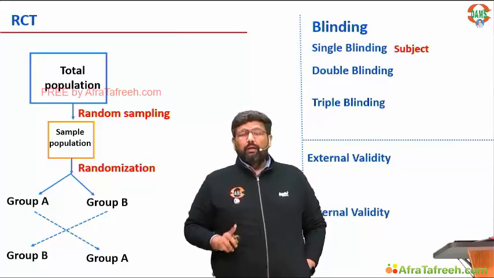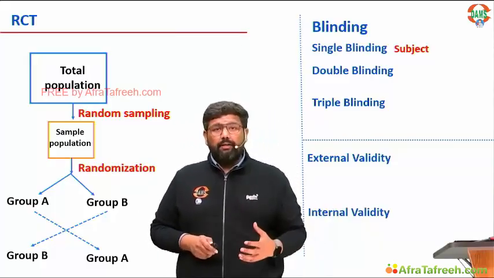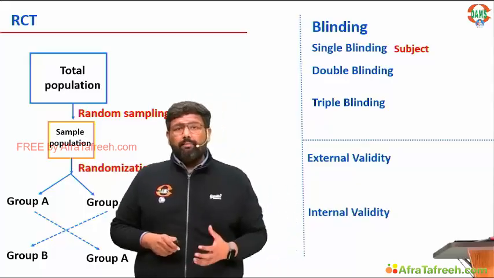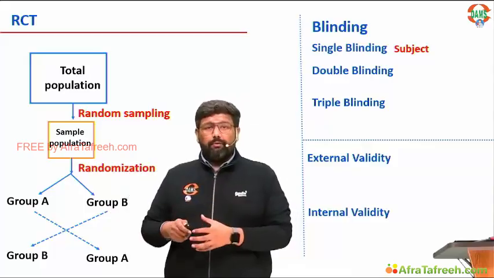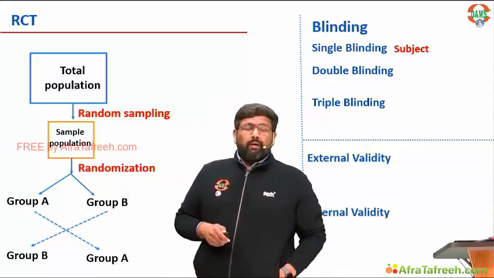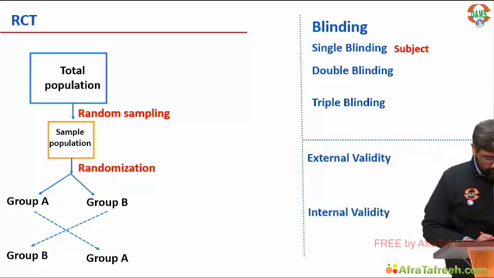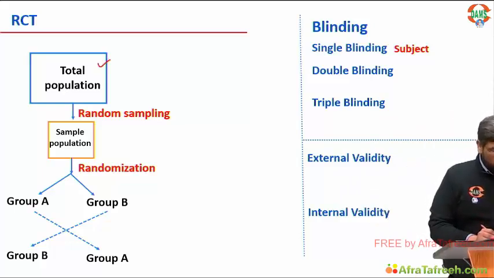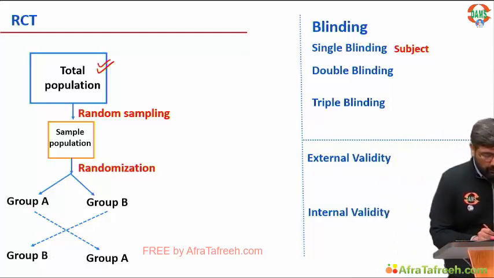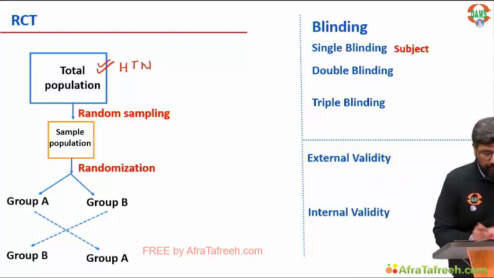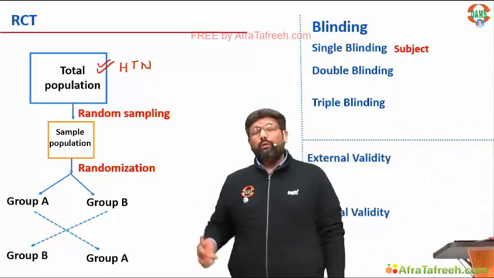Now, look. I have a new drug for hypertension. I want to do a study whether the drug is good or not. What I did, I included the total population, all the patients with hypertension. This is my total population.